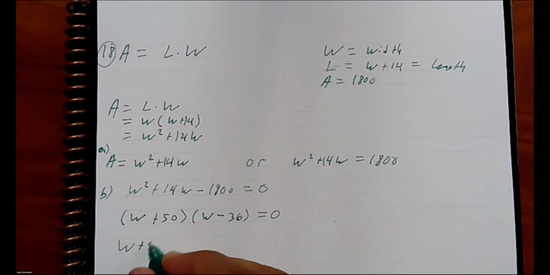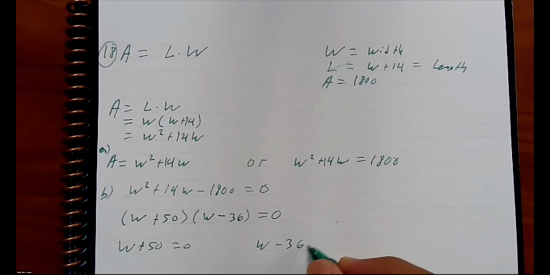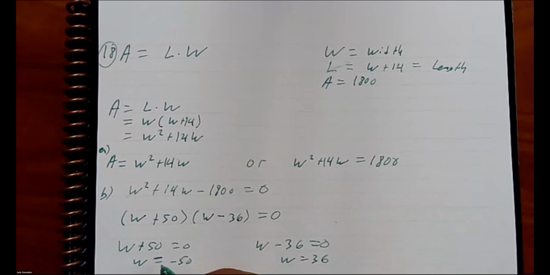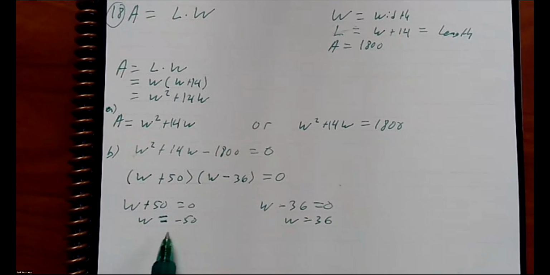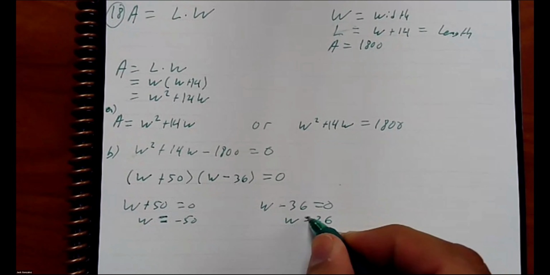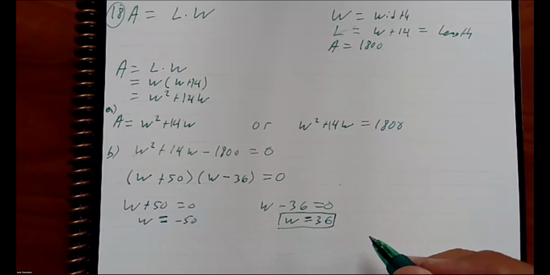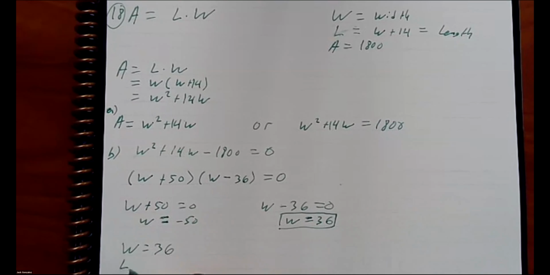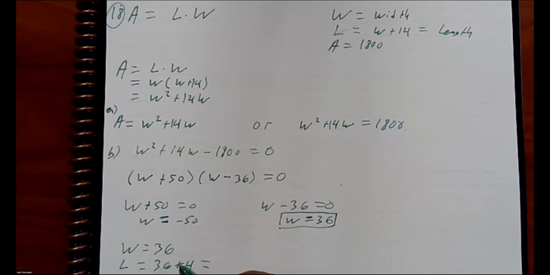Set each one to 0. Solve for W. So W is equal to negative 50. W is equal to 36. Obviously negative width makes no sense, so we want to use this one. That means if W is 36, then length is equal to 36 plus 14, which is 50.